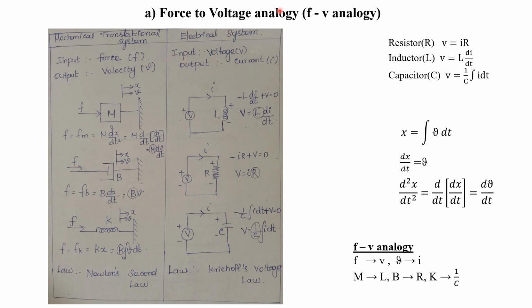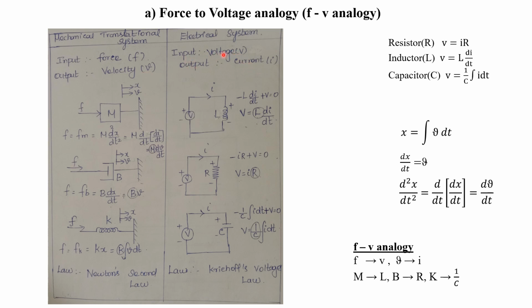Voltage, because we are considering force to voltage analogy. Then the output for the mechanical translational system will be the rate of change of displacement, not the displacement, that is represented by velocity V. In the electrical system the output will be current because we considered the input as a voltage V.